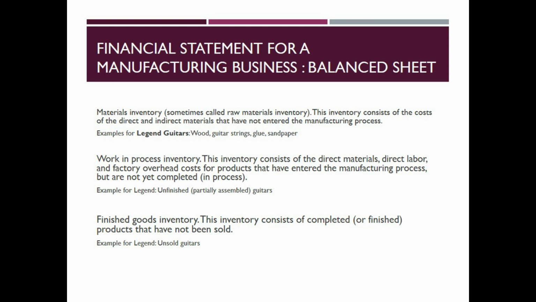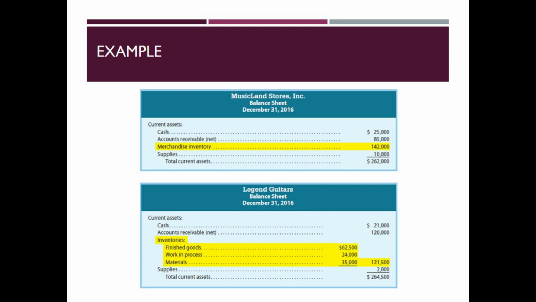So we'll now proceed with the financial statements for manufacturing businesses. So as you can see here, the balance sheet for a manufacturing business, the main difference with a non-manufacturing or merchandising company is that it shows materials inventory. In merchandising companies, it's not complicated. You just look at merchandise inventory.